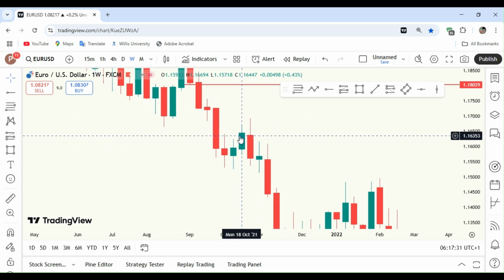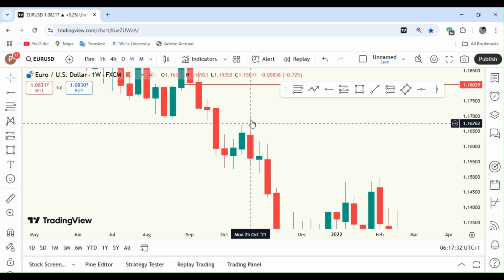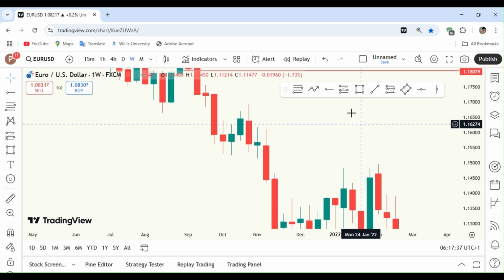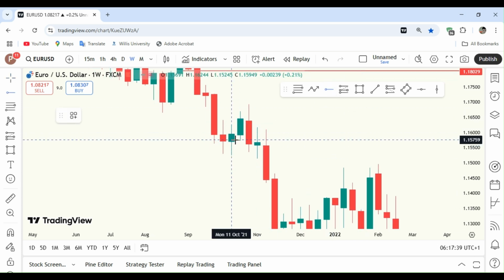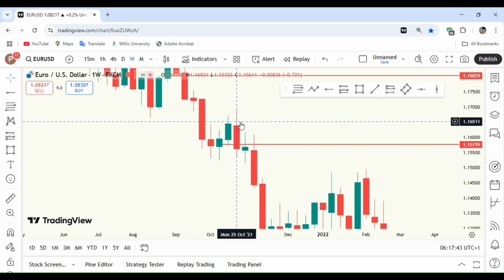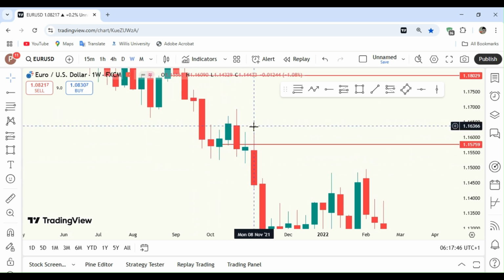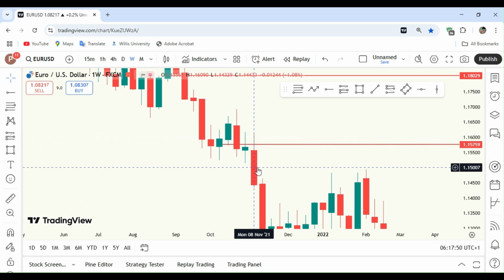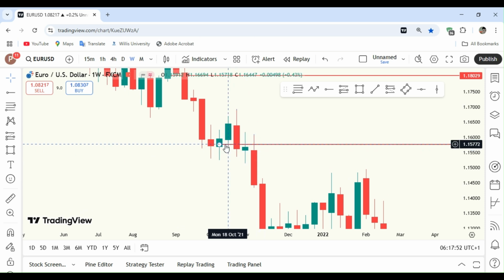Now this one closed above this, but it did not hold and the bearish momentum continued. This one continued with the bearish momentum, closed below this previous low, and what happened? We continued respecting structure.